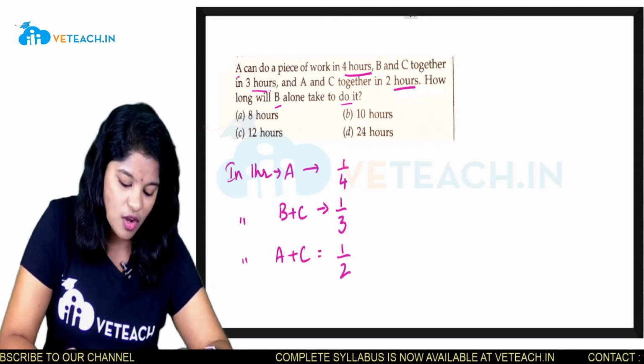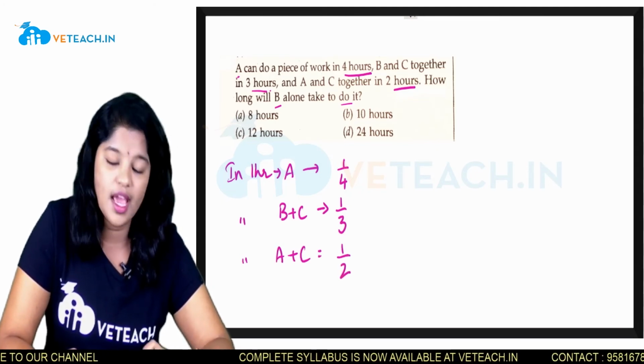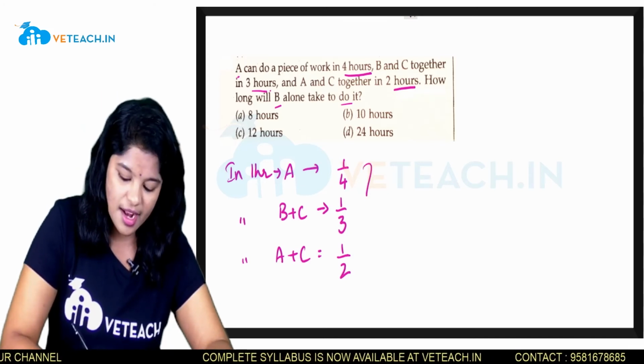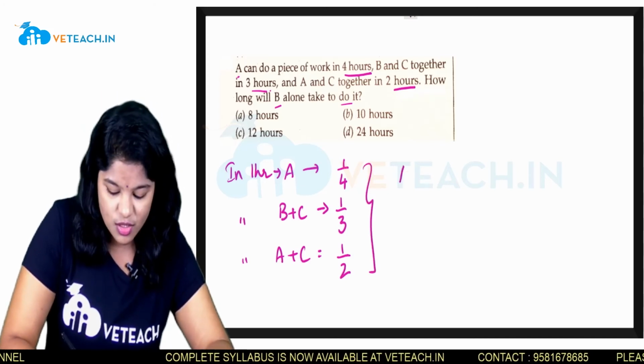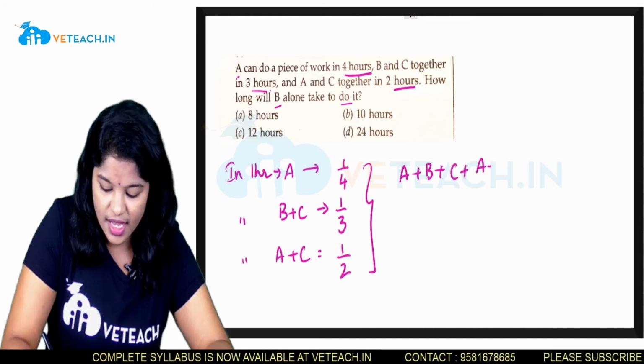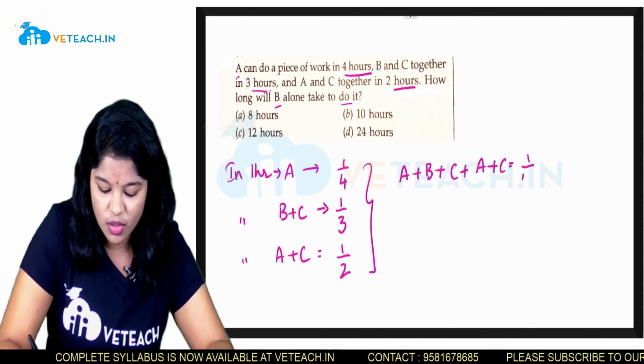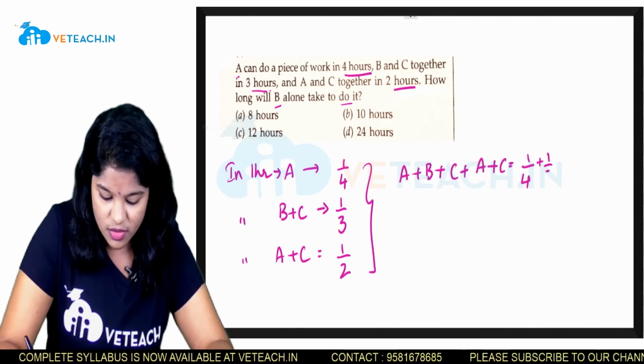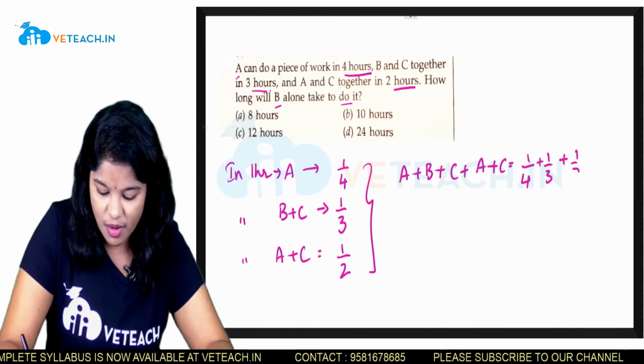Now we have to find out how long it will take for B alone to do the work. First I am adding all these 3 equations. So A plus B plus C plus A plus C is equal to 1/4 plus 1/3 plus 1/2.